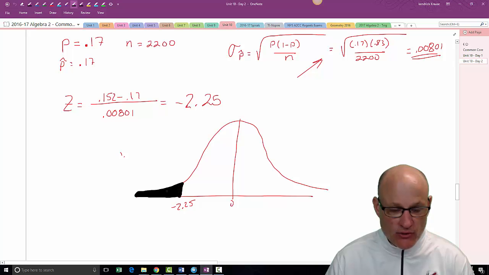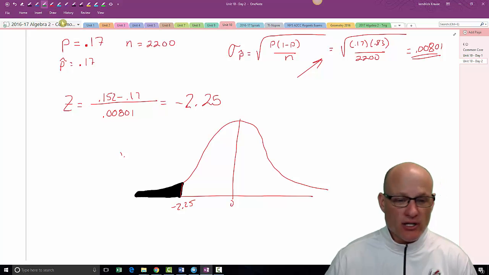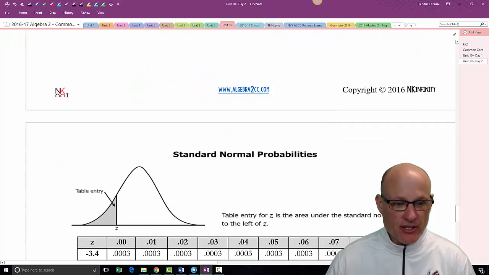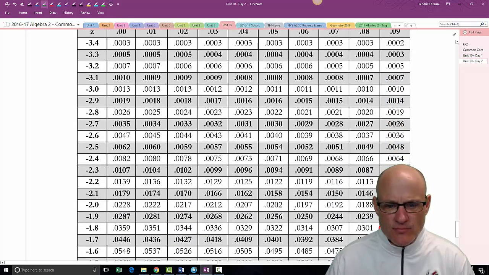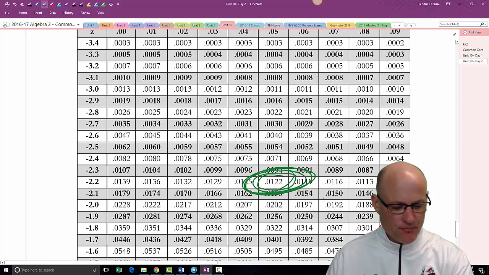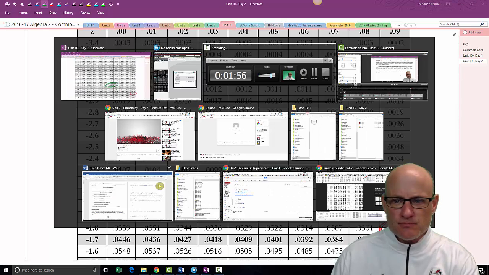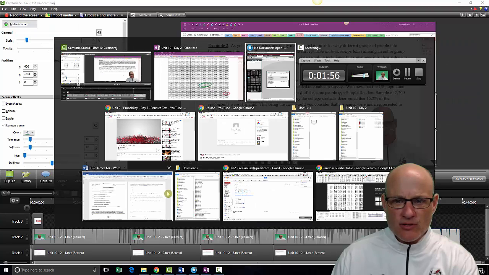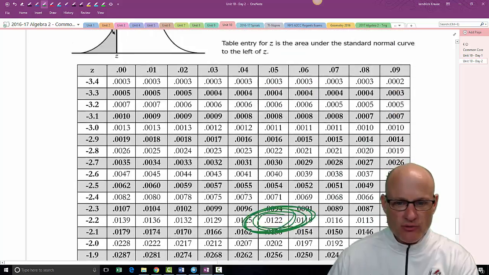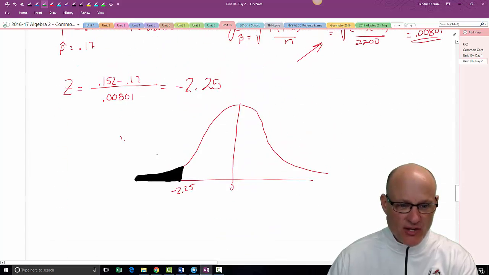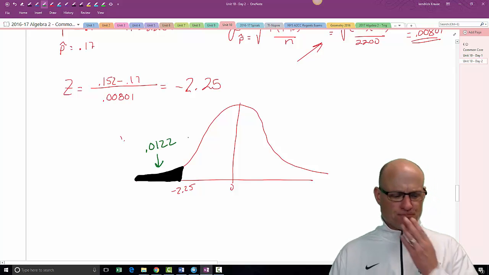So we're going to go to our Z table, negative 2.25. I think it's this one right here. 0.0122. I forgot it was on the same sheet. So this area is 0.0122.